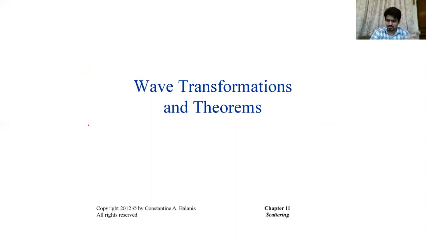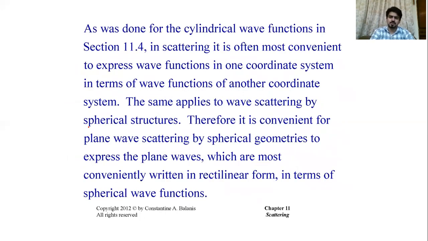Using those orthogonalities, now we will derive some transformations, and then in the end we'll also go through theorems, so that we can start talking about the scattering from this spherical structure.